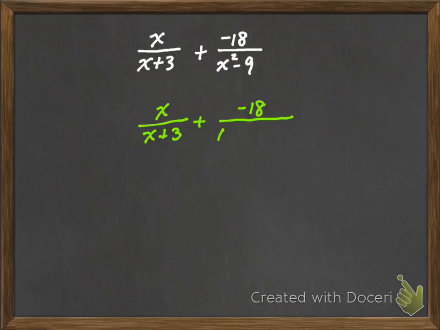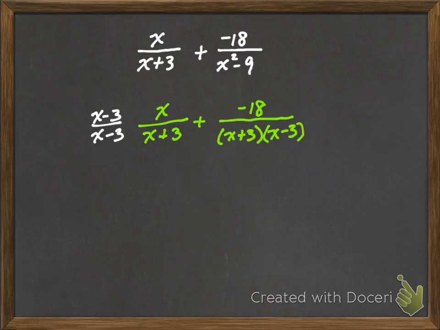The second fraction goes down to x plus 3 times x minus 3. So we kind of repeat the process we've done before. What does this denominator have that this one does not? And that is an x minus 3. Therefore, that is what we're going to multiply by.